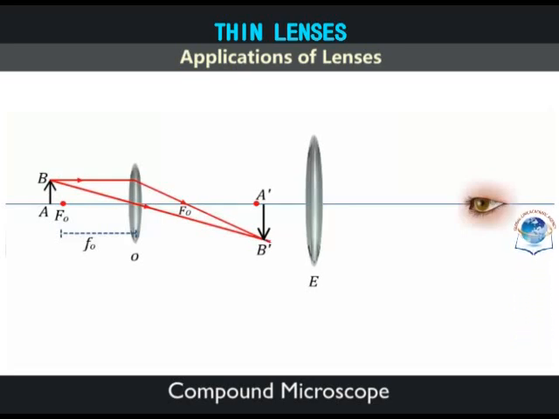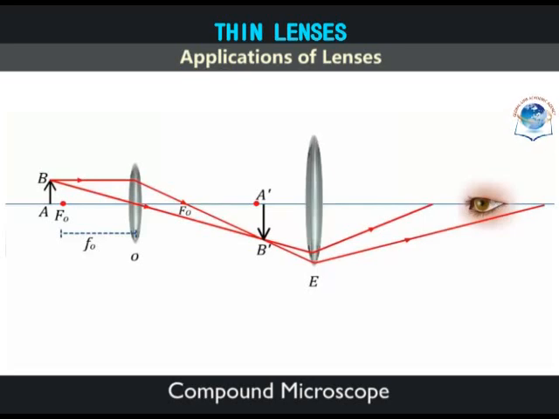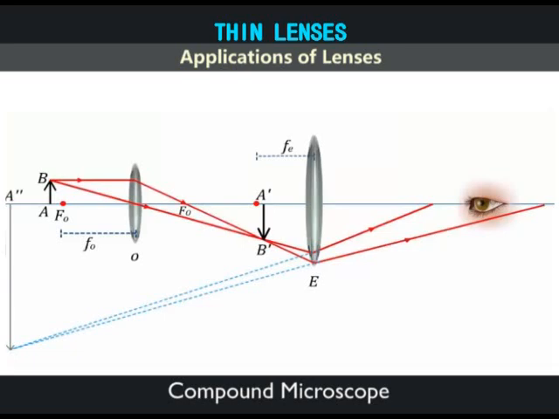This image then acts as the object for the eyepiece. If the position of the eyepiece is adjusted such that A'B' lies between the optical center and the first principal focus, then a virtual and magnified final image A''B'' is formed.